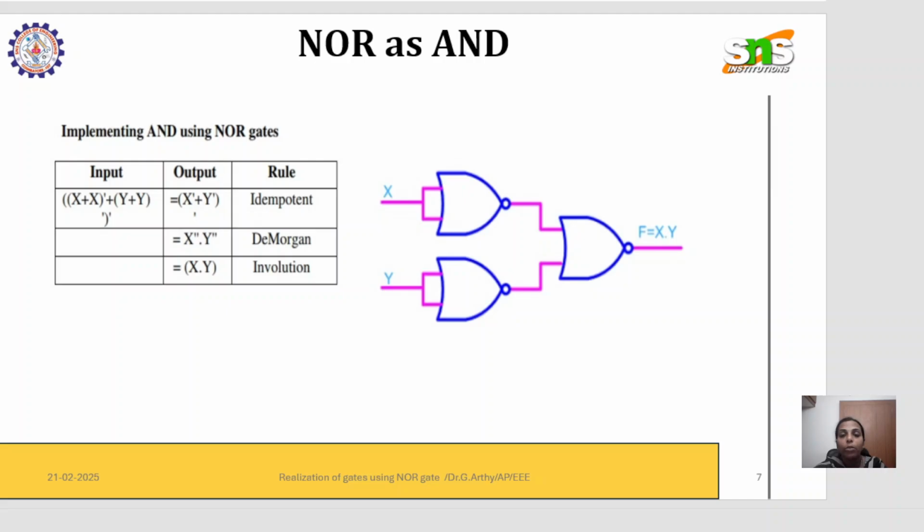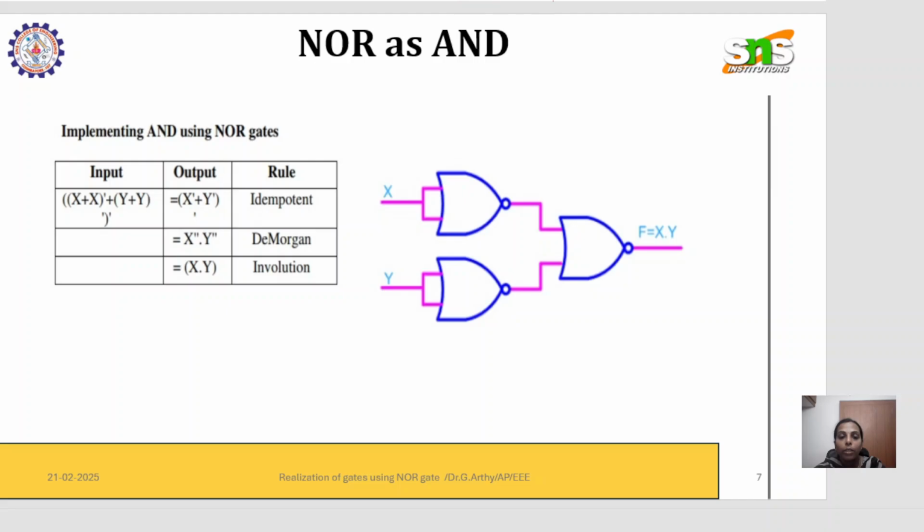And now coming to AND gate. Now if you see AND gate, we have two inputs, X and Y. This X and Y are given as inputs to NOR gates. Since NOR will not receive a single input, that single input is split into two and given to two terminals.